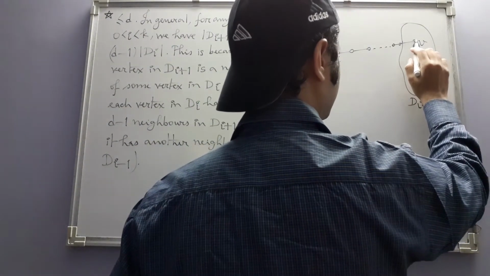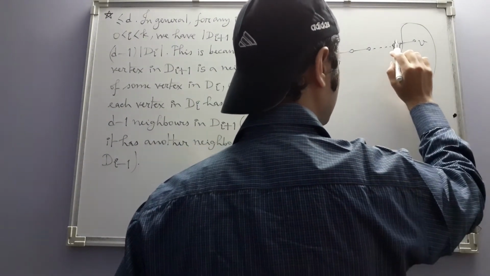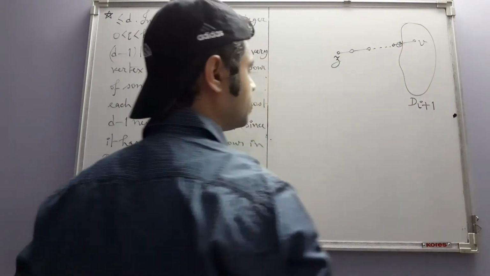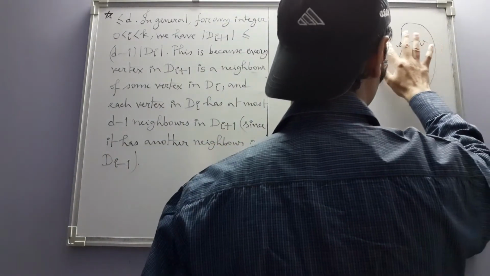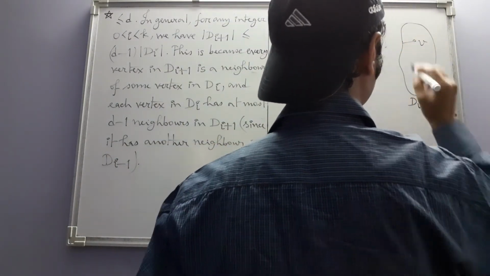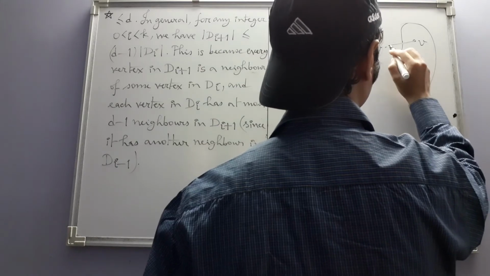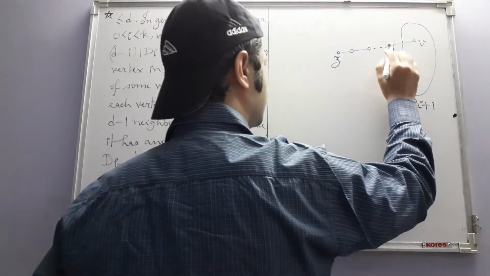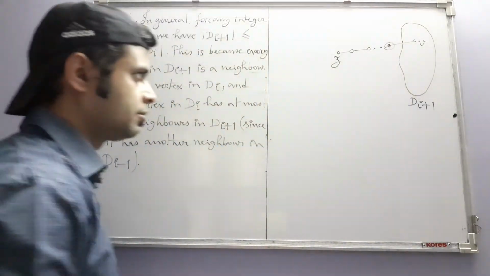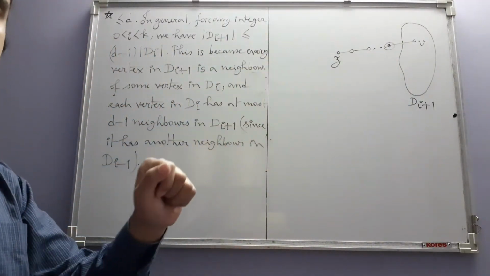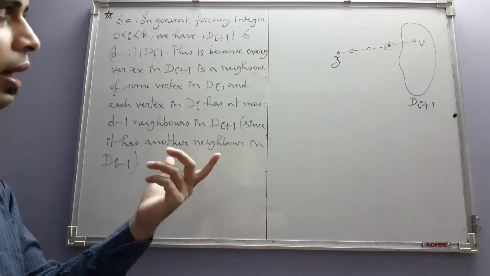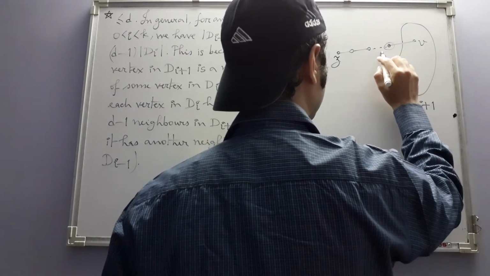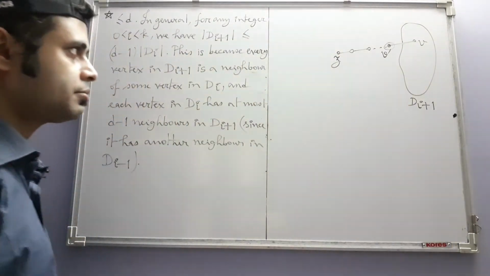Now look at the neighbor of v in this path, that is this vertex. I think it will be better if we just draw it like this, it will be more prominent. Consider this vertex. This vertex is at distance i from Z. Let us also call this vertex v prime.